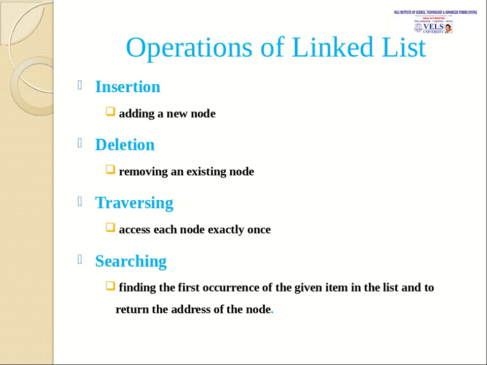Traversing is traveling through the elements of the linked list, and it is used for insertion, deletion or even for finding an element. Searching is finding the first occurrence. If you have more occurrences of data in the list, the first occurrence is found by the searching operation.